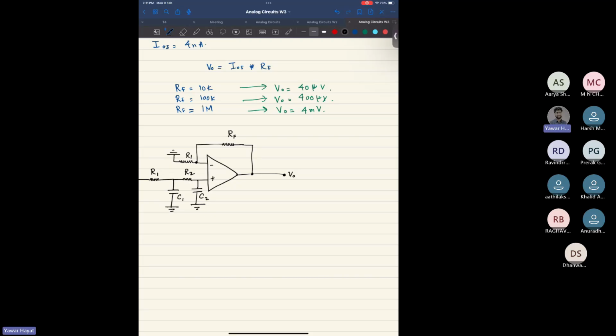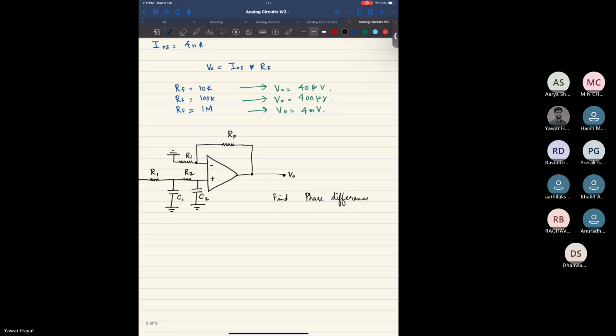Okay, for this particular circuit that is shown, find the phase difference between your input and output signals. Okay, assume you have a very large frequency, or take the frequency as infinite. Okay, and assume that your op-amp is ideal. Okay, find phase difference.